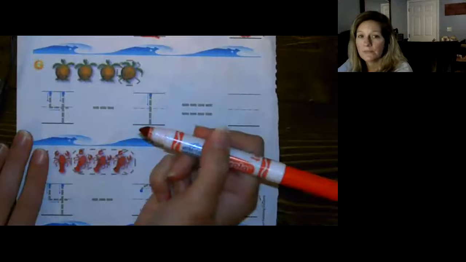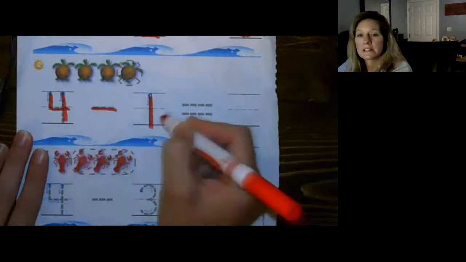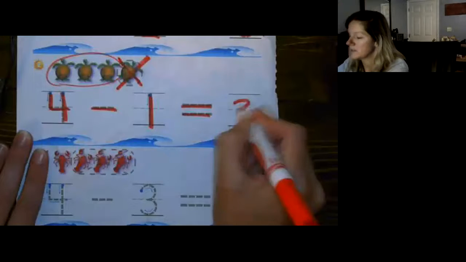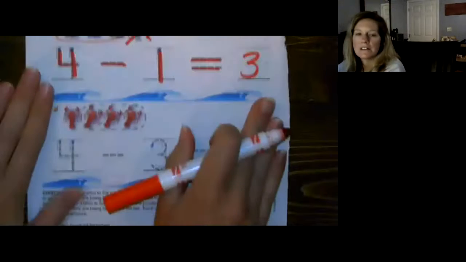Okay, how many turtles are there in all? 4 turtles in all. How many do they want us to take away? Just 1. And how many are left? 3. Very good. Okay, all right.